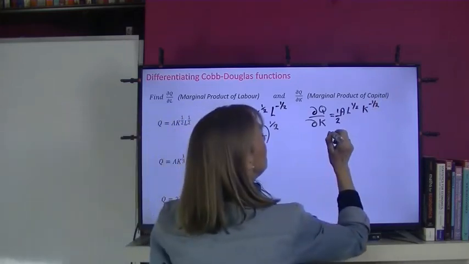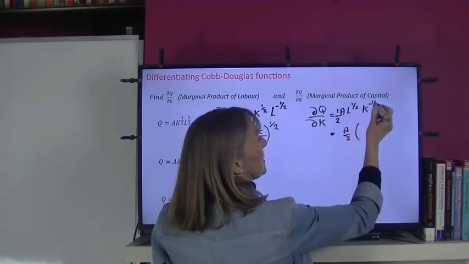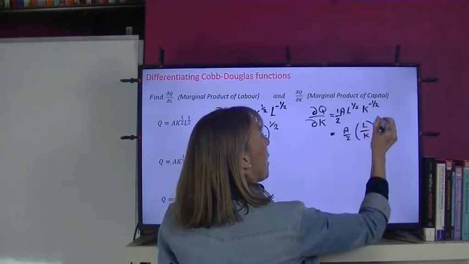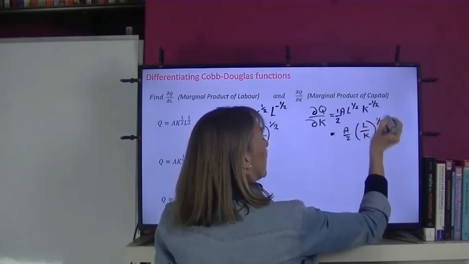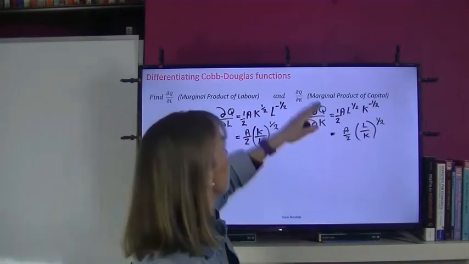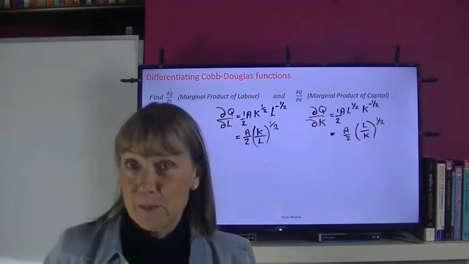And hopefully you can see that this will end up being A over 2 L. This has got a negative power, so it goes to the bottom. They will then have the same power, so I can put it in one fraction like that. And again, we see that the marginal product of capital is a function of the labour capital ratio.